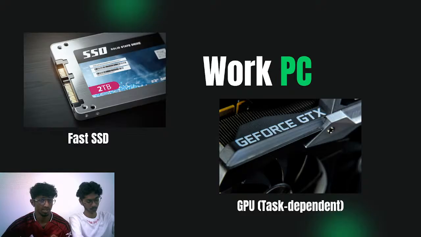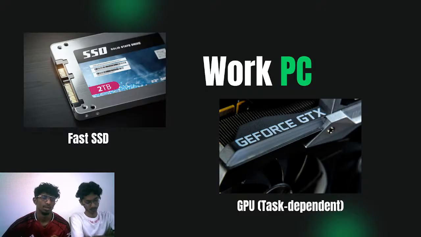So you can have a budget PC now, and then when you have more money, you can upgrade it to be a gaming PC or work PC. Work PCs, on the other hand, prioritize performance, consistency, efficiency, and productivity from the start to the end.